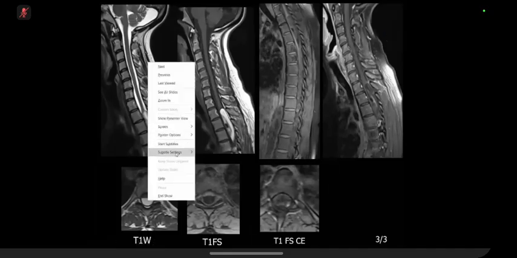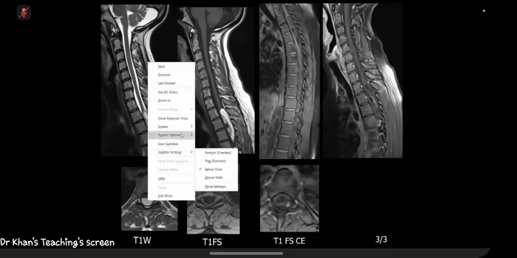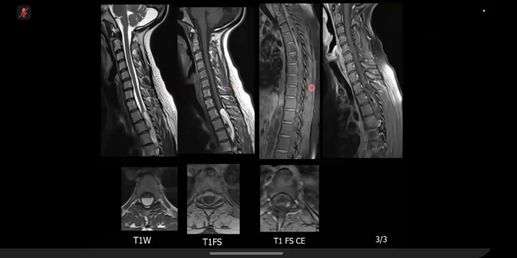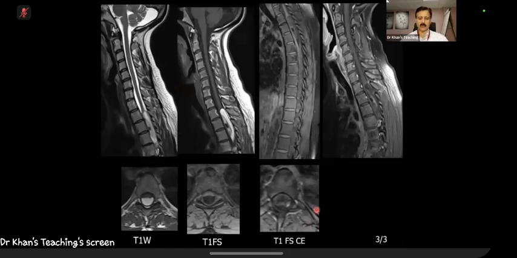T2, followed by this sequence, T1. Pre and fat saturated pre-contrast, fat saturated post-contrast, and then I've got axial slices below, T1 and T2. So, just for practice, can you describe it?